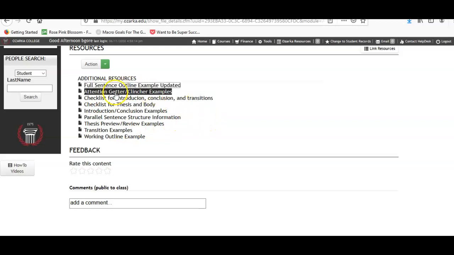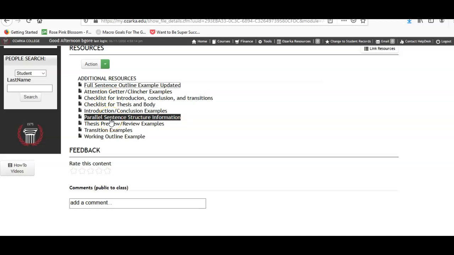If you need help with the attention getter and clincher, here's a resource. If you want to make sure that you have all the pieces of your introduction, conclusion, transitions, thesis, and body, here are some checklists of those, okay? If you need more examples of introduction, conclusion, here are some of those. Parallel sentence structure helps you to see how main points should be parallel in nature.